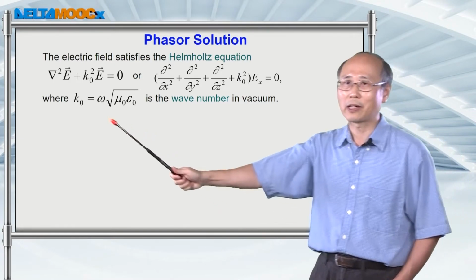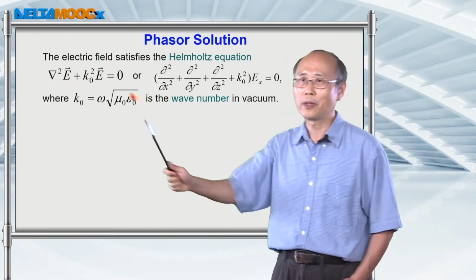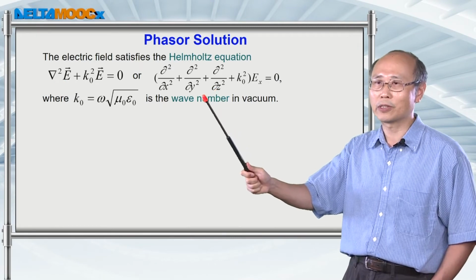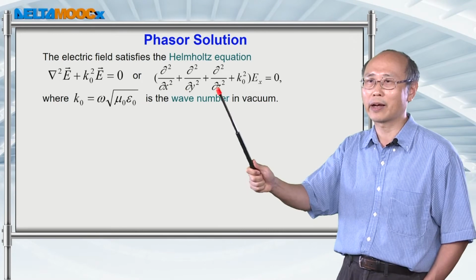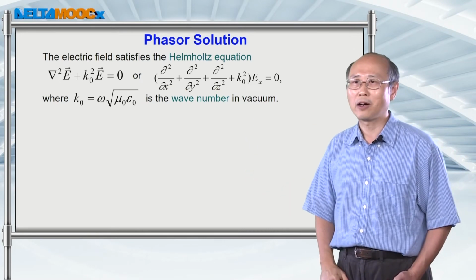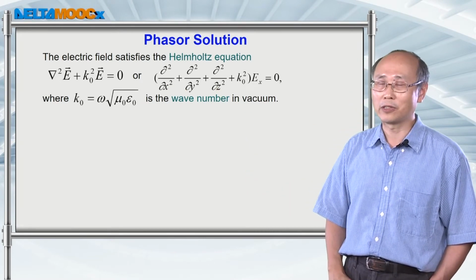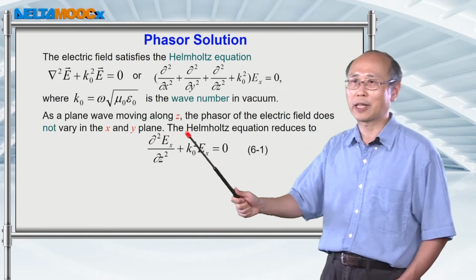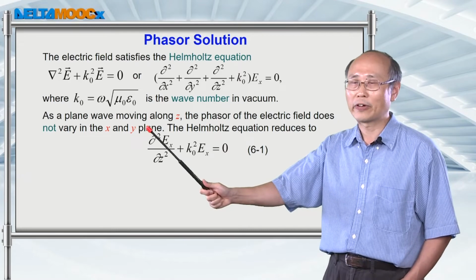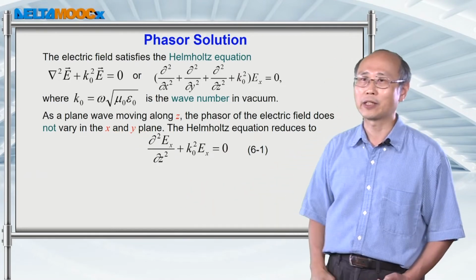And we know that the Laplacian operator will require you to do these 3 partial derivatives along x, along y, along z. But now you have a wave propagating along z direction, and it's a plane wave. So this means that there's no variation along x and y direction.